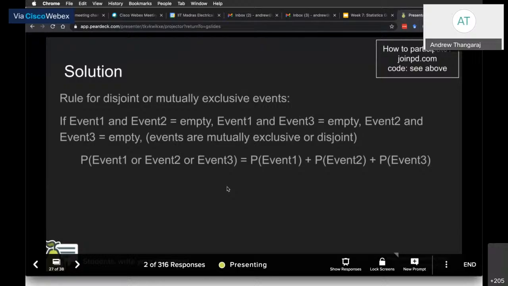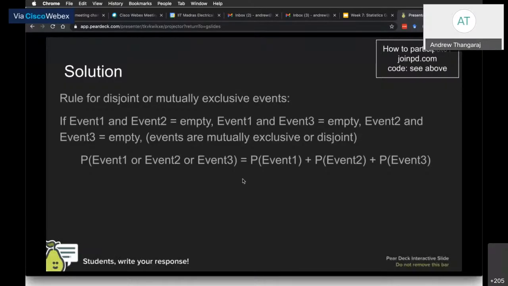This is an important rule, and in fact, this is one of the axioms of probability. Probability of event 1 or event 2 or event 3 when the 3 events are mutually exclusive is simply the sum of the 3 events. So the OR of 3 events is easy to handle when they are mutually exclusive, when they are disjoint.